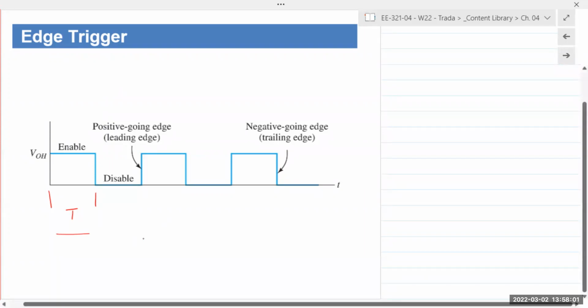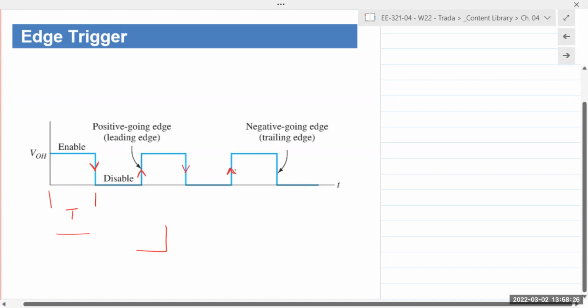And the edge of the waveform is like this. This is going from 1 to 0, so it is going down in value, right? This edge right here at the end of time period 1 is going down in value. This is going up, going from 0 to 1. This is again going down.